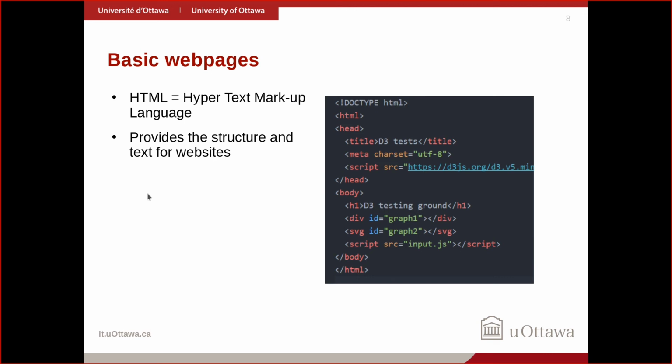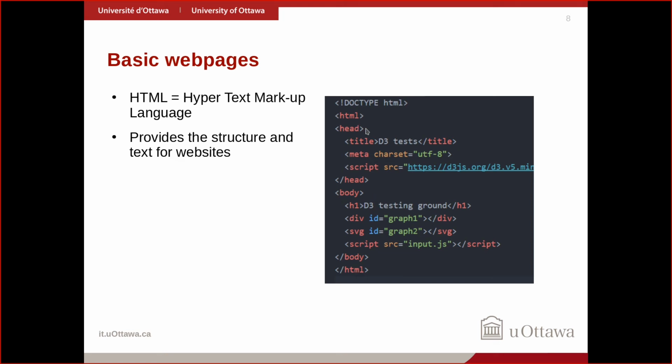Web pages are basically text files that tell the web browser what means what. If you ever looked at the source code of a website, you can see it looks like something like that. You have HTML, head, title, all these different tags that are encapsulated in these larger than, smaller than signs.